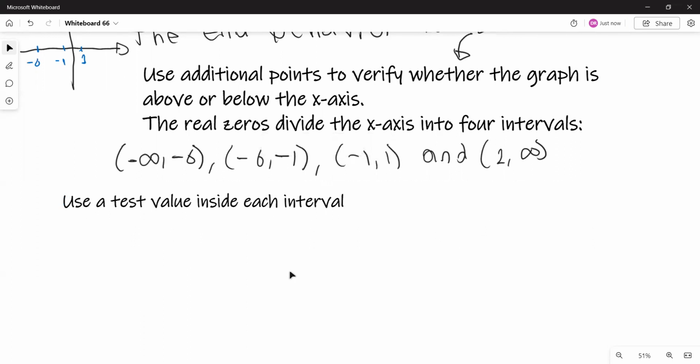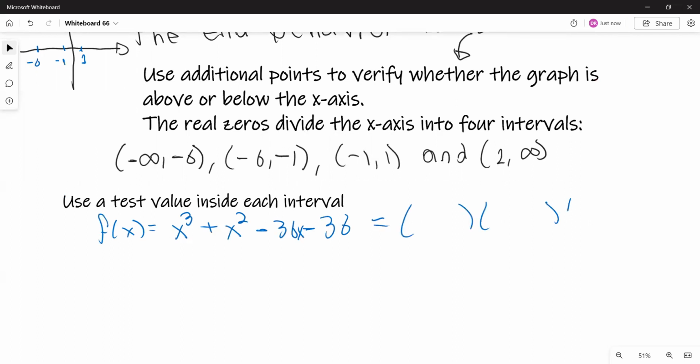So remember that we started with f of x equal to x cubed plus x squared minus 36x minus 36. That's in general form.